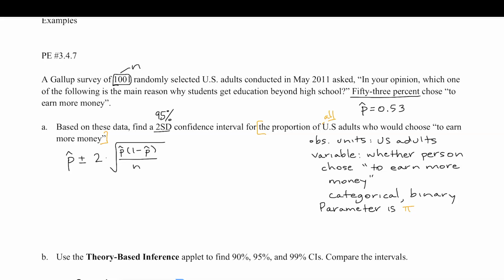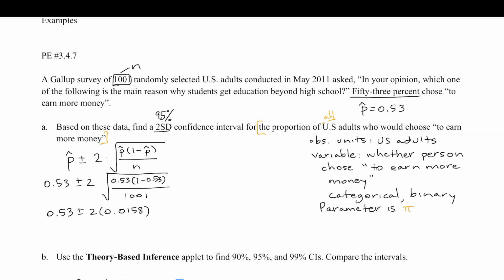In this case, we have 0.53 that we're going to plug in for p hat. And then we also have 1,001 that we're going to plug in for n. So I'm going to take this one step at a time. First, I'm going to calculate the part under the square root and take the square root of that, and you should get 0.0158.